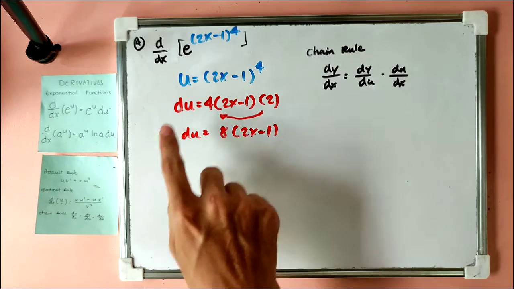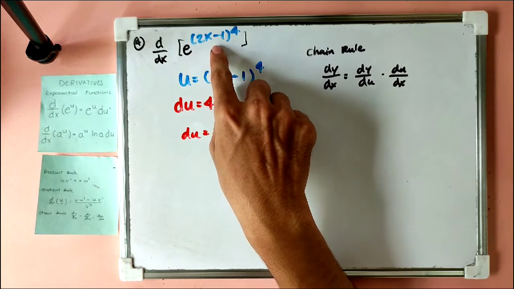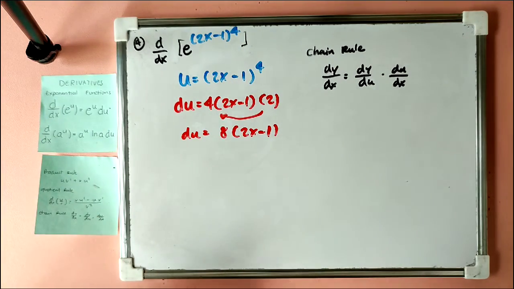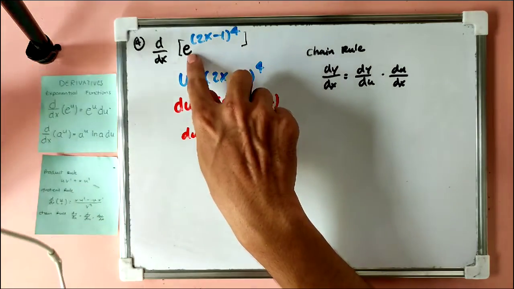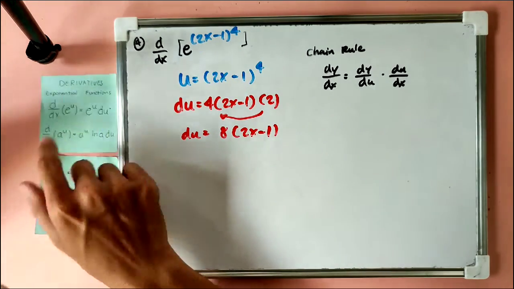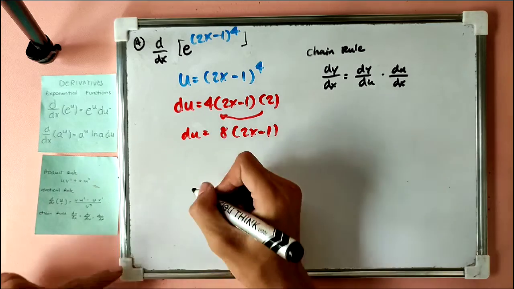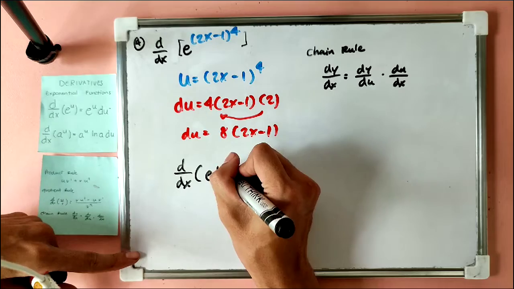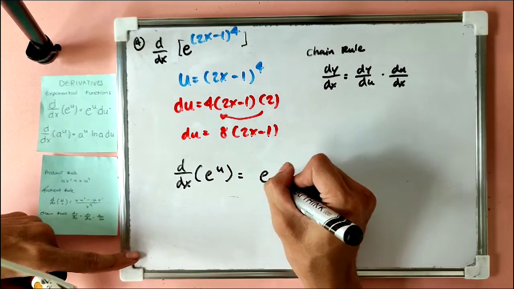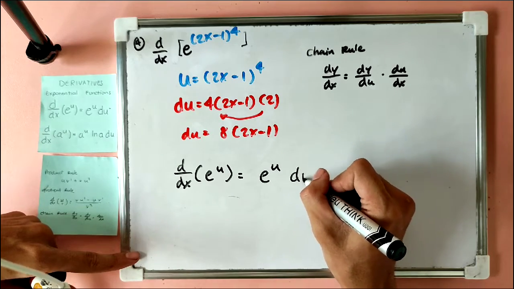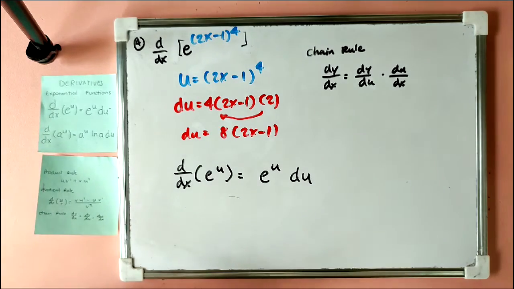Then getting the derivative of e raised to 2x minus 1 raised to 4 by applying the formula, since e yung nasa loob niya, ang gagamitin nating formula sa derivative of exponential function is the derivative of e raised to u times the derivative of u. Again, i-substitute lang natin siya.